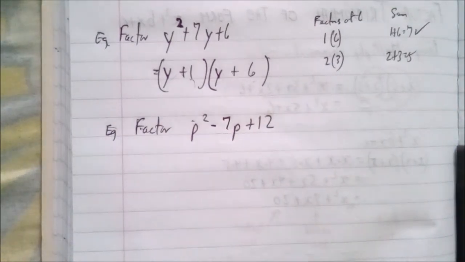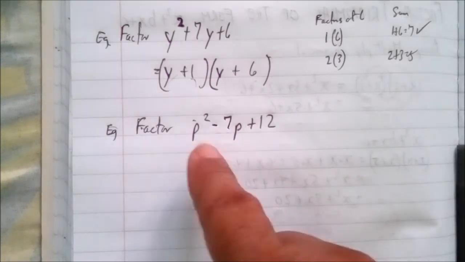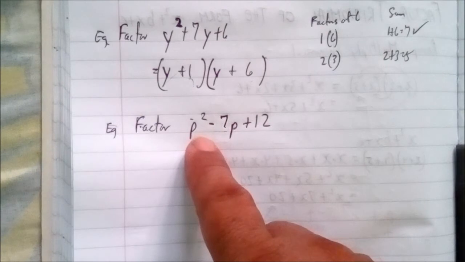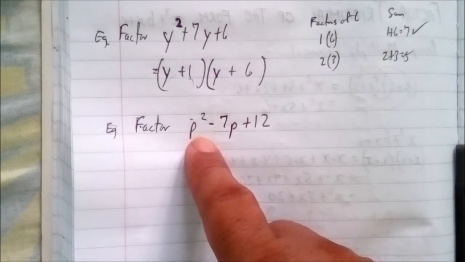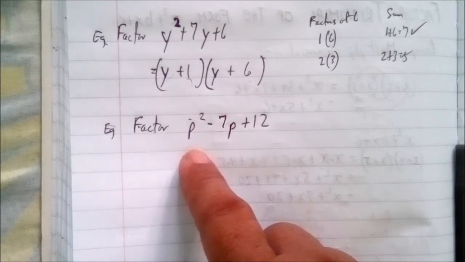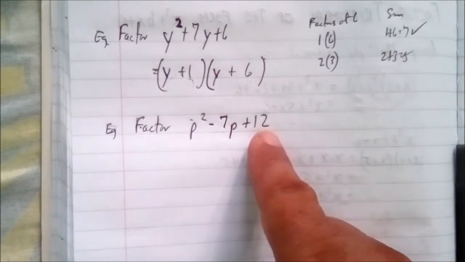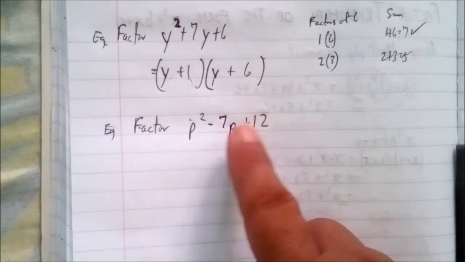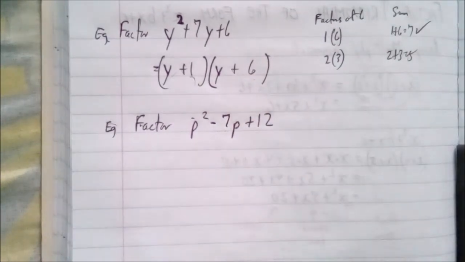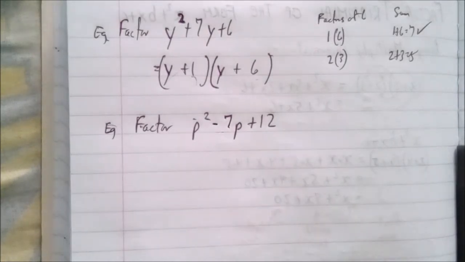That's the point. Solution. Since the first term of the trinomial is p squared, the first term of each binomial factor must be p in this case. To fill in the blanks, we must find two integers whose product is 12 and whose sum is negative 7. Now here you have to be careful, you need to remember the rules of integers.